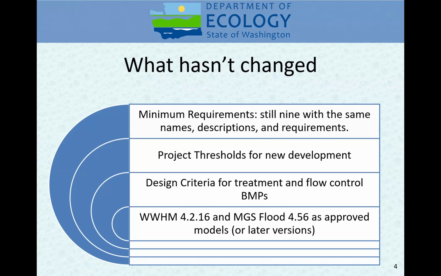The big thing they have on that is that TAPE devices, things like Filterra and StormFilters, have a module in WWHM now, so that you can size your TAPE device automatically in WWHM without having to calculate the water quality design flow rate and divide that by the inches per hour allowed for the device to get the surface area and size the device that way.